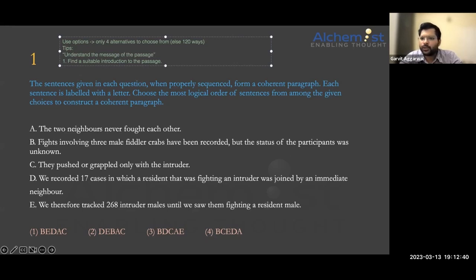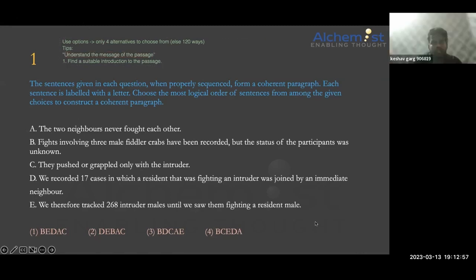In this passage, what do you think this passage is about? What is this passage about? Fighting. Huh? Fighting. What kind of fighting?